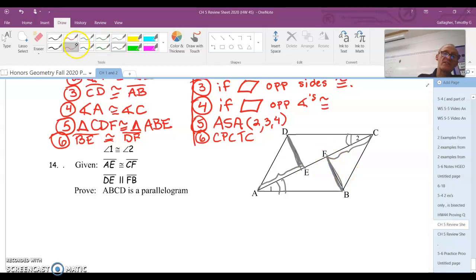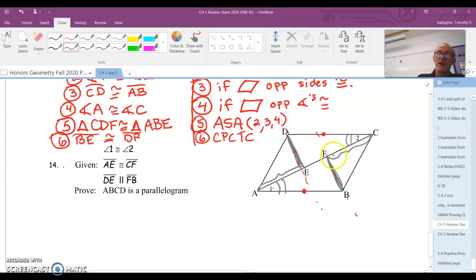Okay, so if we wanted to extend those, we could a little bit. Now, we want to prove that ABCD is a parallelogram. We're going to say that these two sides are going to be parallel here, this side and this side, and we're going to prove that because they're parallel because of angle 1 and angle 2.